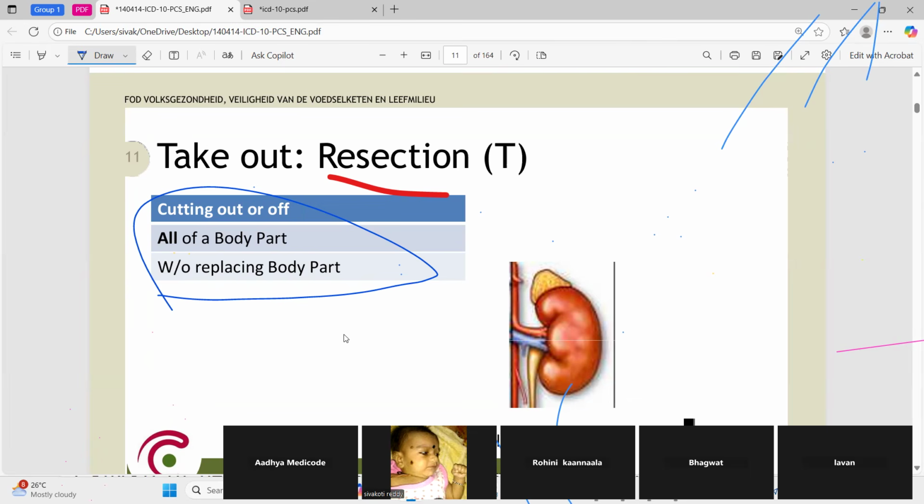Now I will give some examples. You need to find the root operation. Esophagus biopsy. Excision. Laparoscopic cholecystectomy. Resection.